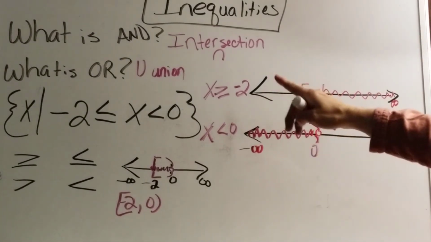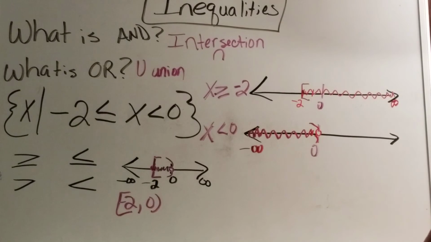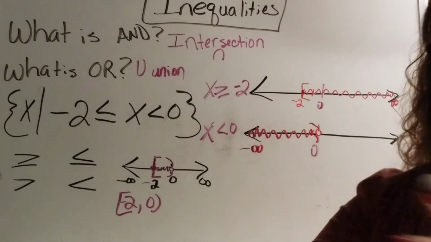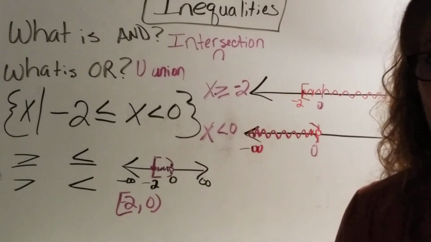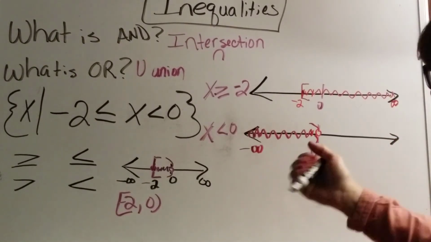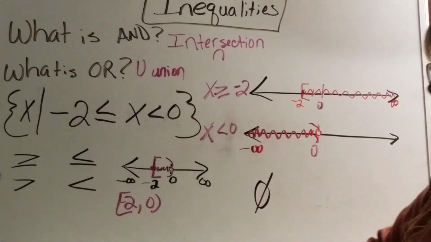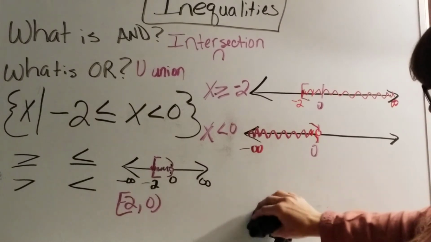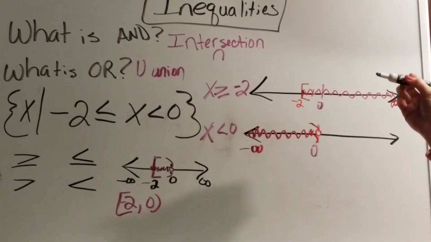So to answer the question about "and," remember that's the intersection. It's literally where they intersect. If for some reason they don't share any points, we call that an empty set, and we would write it like this. That means they do not intersect anywhere. Well, let's check to see if this one does.